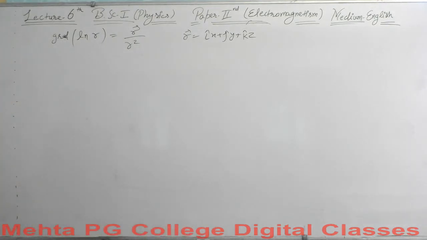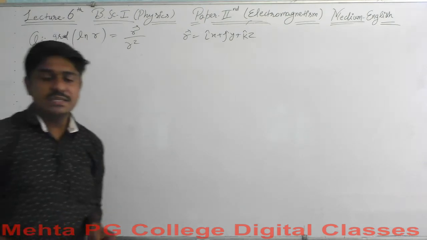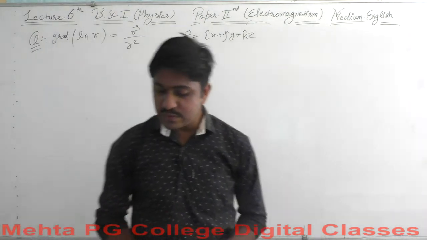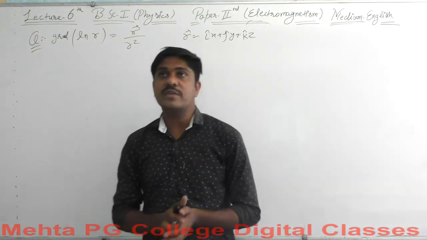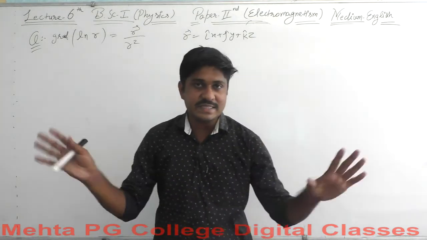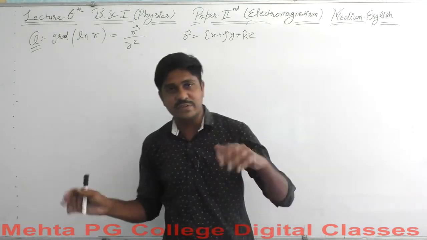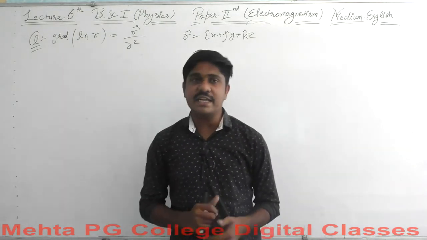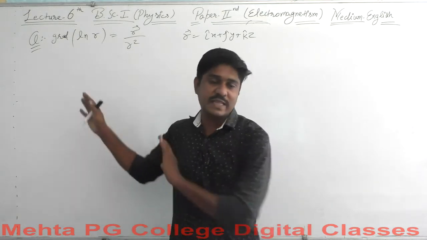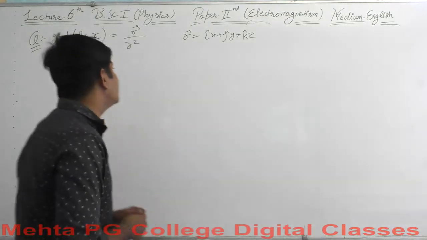So this is it. Let's start with the gradient. Every time you have a question like this, sometimes you get some variation. There is nothing to worry about, because we are about to differentiate the log, and then there will be no more use for the ln here. Let's begin.